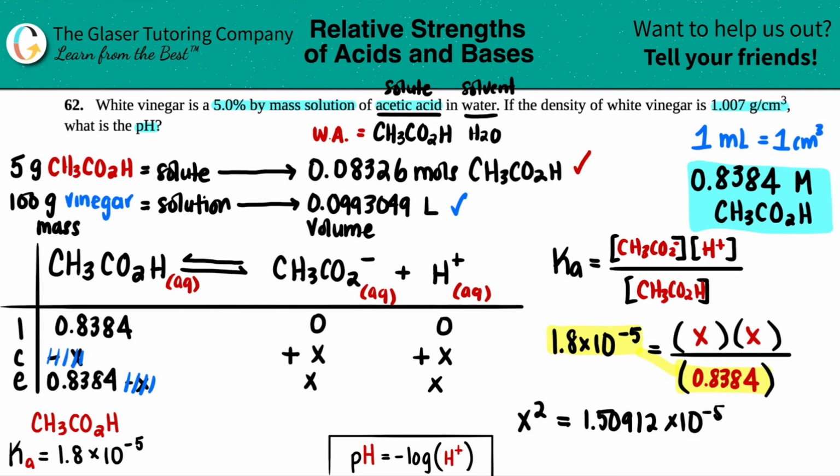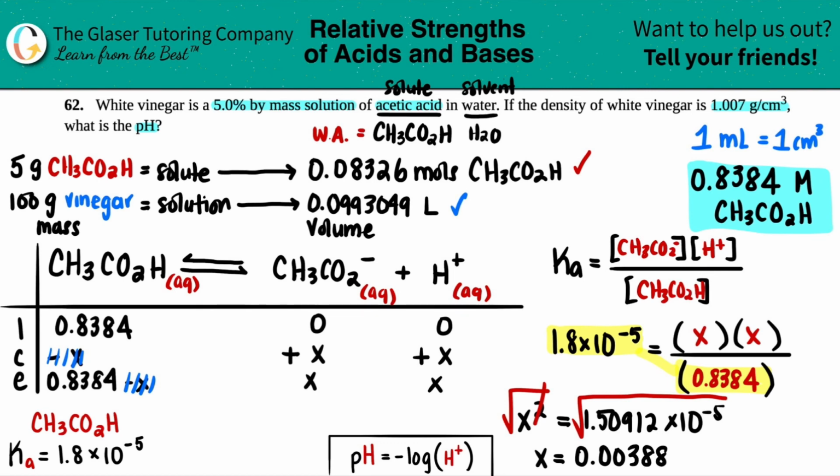I want to just get x, so I have to take the square root, right? The square root of a square is the opposite. And now I'm just going to find out what x is. Oh boy, what did I do? Hold on. Okay, there we go. So square root of the answer. And we're getting closer. So I'm going to give 0.00388, we'll say, right?